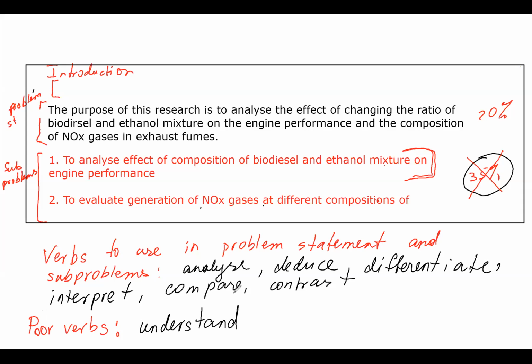How do you know you understand completely how this engine performance is affected? We can't. Your aim cannot be to understand the effect of the ratio of the fuels on your engine performance, because understand is a very wide thing and it cannot be measured. How much you understand, 50%, 80%, how do you measure that? The word know is the same thing.